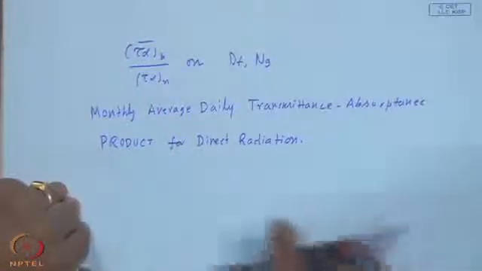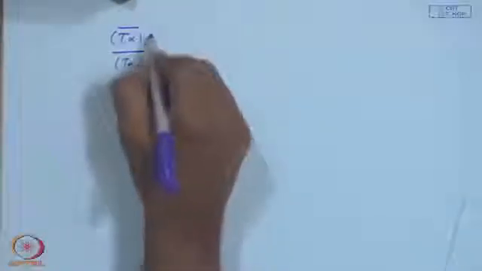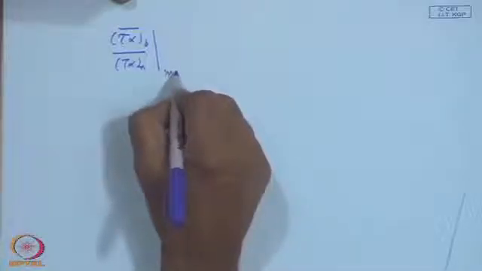In other words, if I may say so, we want a tau alpha bar b by tau alpha normal for the month.